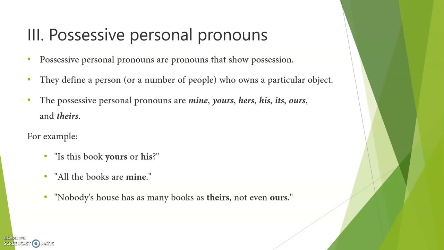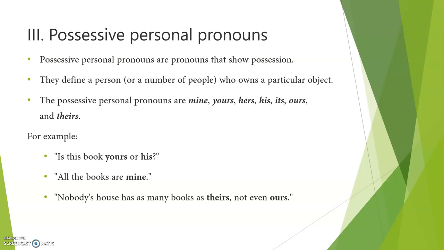The first one is, is this book yours or his? In this sentence, yours and his become the possessive personal pronouns. The second example is all the books are mine. In this sentence, mine is the possessive personal pronoun.